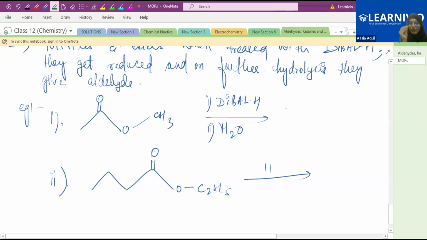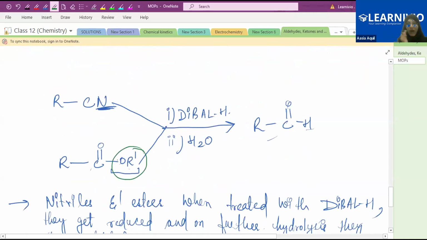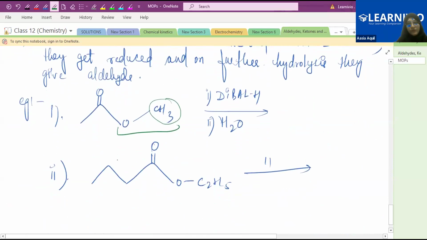Not only the CH3 group, this oxygen with this methyl group, this methoxy group, you have to remove. In the ester, you are supposed to remove the OR' group, the CO group stays as it is, and this OR' group will be replaced by one hydrogen. So what will be the product? This, and here you will attach the hydrogen, OH. That's very simple.